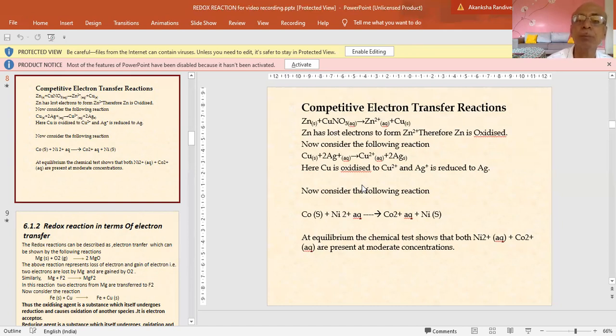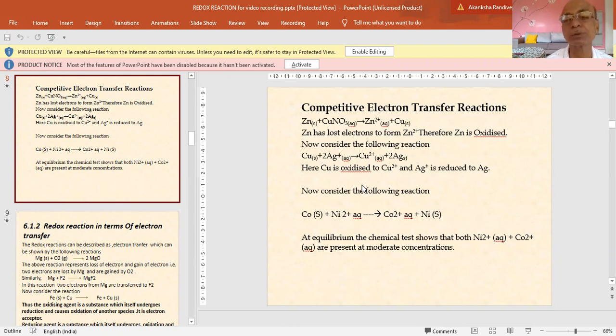In this reaction, copper is oxidized to Cu2 plus and Ag plus is reduced to Ag. Copper Cu has charge 0, but it forms Cu2 plus, so a charge of 2 plus came on it. Why? Because 2 electrons were lost. That means copper lost 2 electrons. That means copper is oxidized. It is oxidized to Cu2 plus.